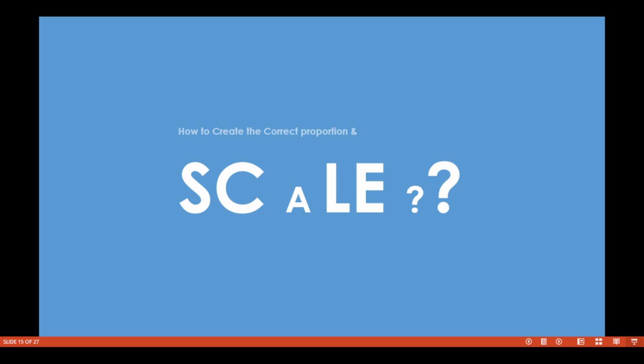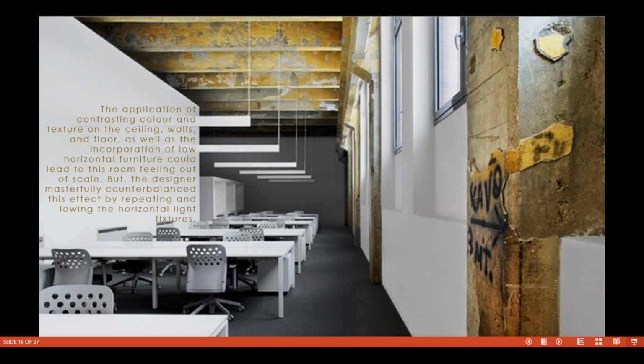Now, the question is how to create the correct proportion and scale. Here you can see the application of contrasting colors and textures on the ceiling, walls, and floor, as well as the incorporation of low horizontal furniture, could lead to this room being a little out of scale.